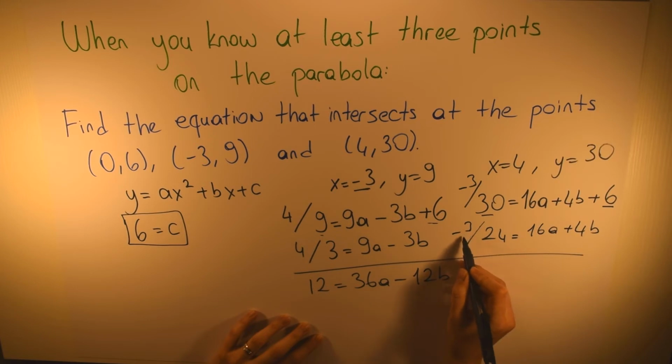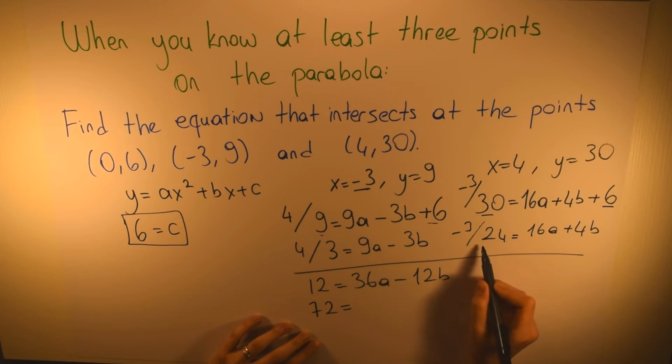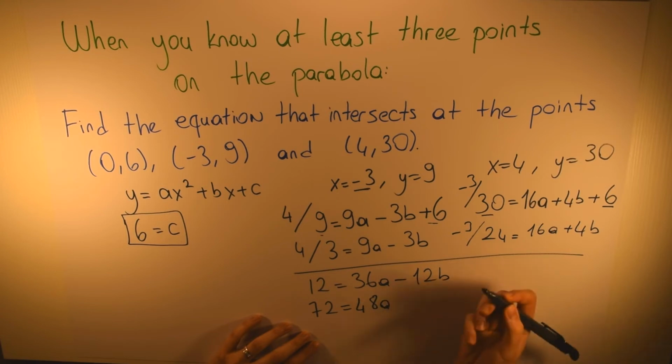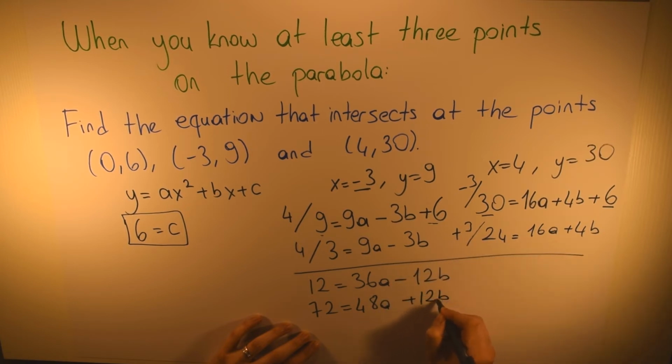When I multiply minus 3 by 24, it will become 72, which is equal to 48a. Sorry, this is not minus, this is plus, of course. 48a, and then here plus 12b.